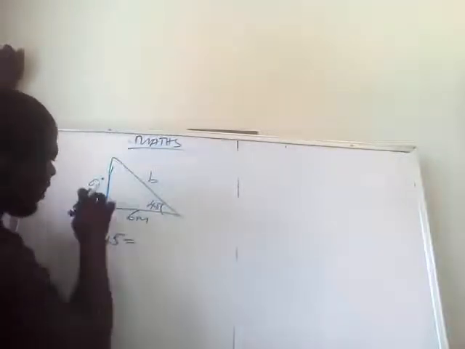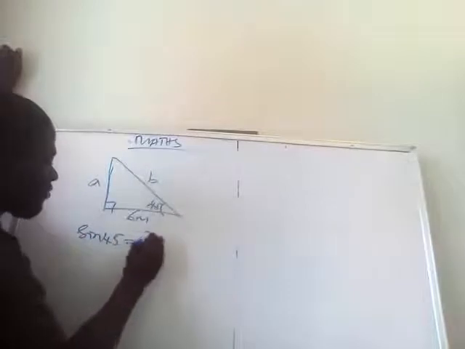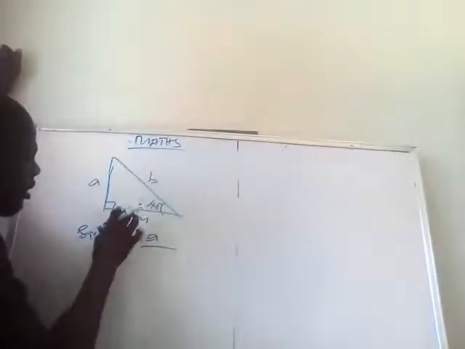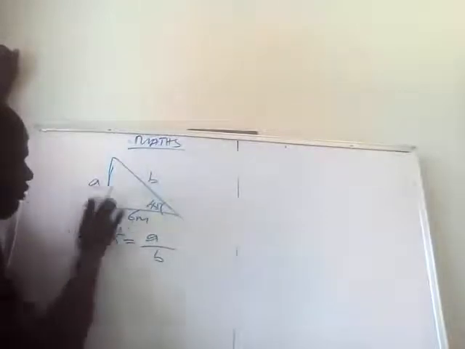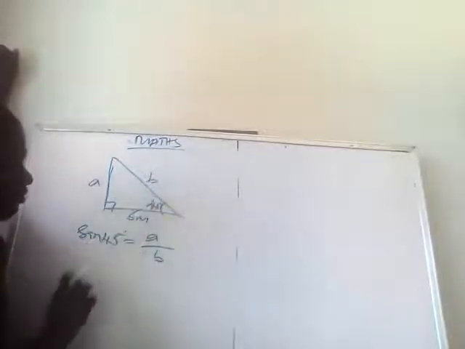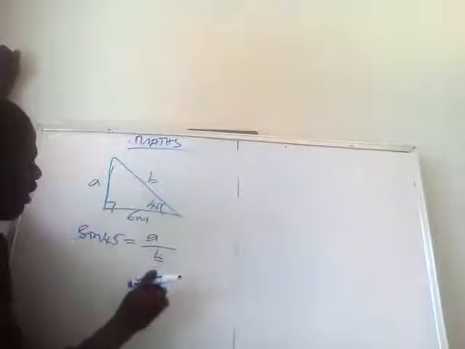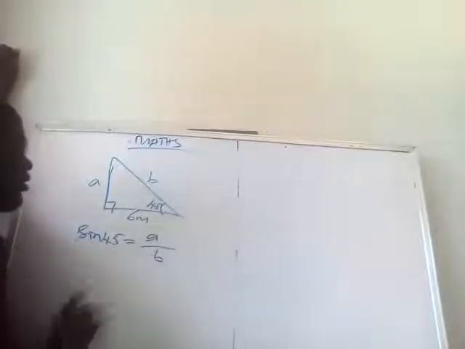So you have A as opposite to 45, A over hypotenuse, that's B. Sine 45 equals A over B.